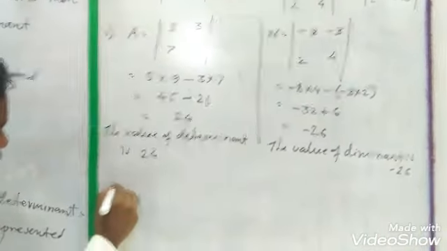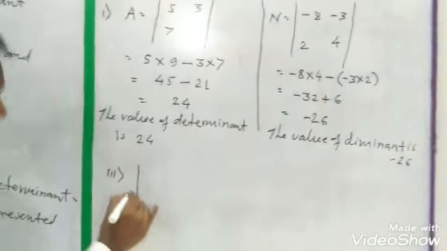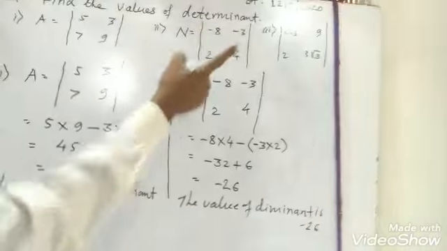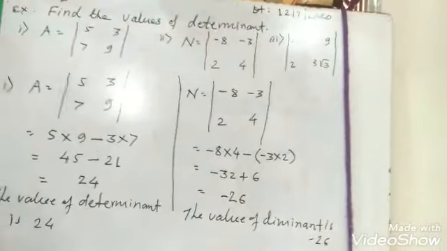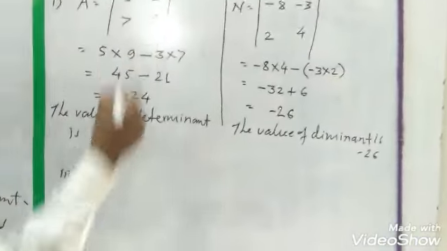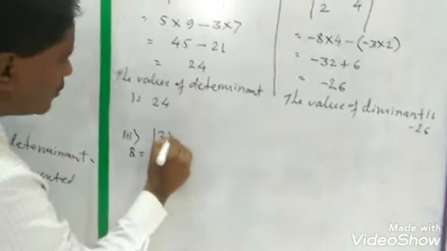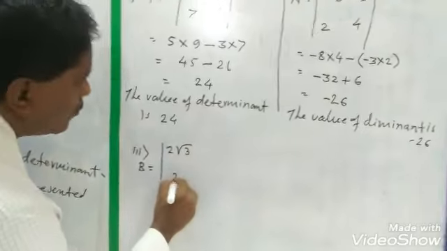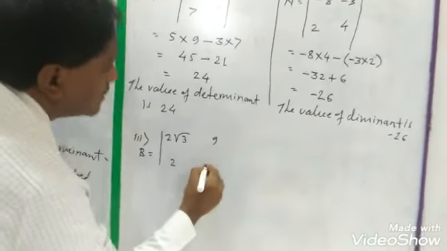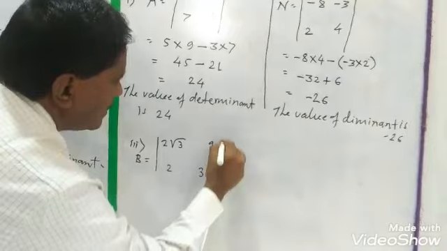That is the third example. Determinant of order 2, here is any letter, that is B is equal to determinant of order 2, 2 root 3, 9, 2, 3 root 3. Clear?